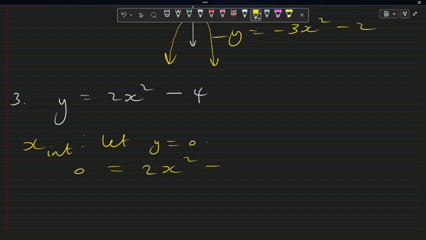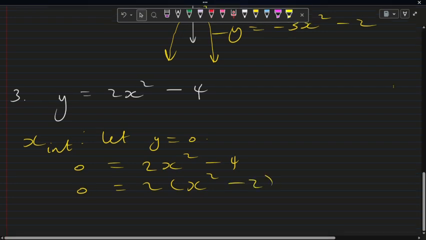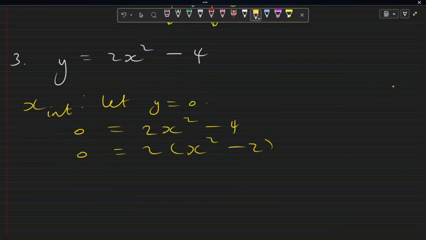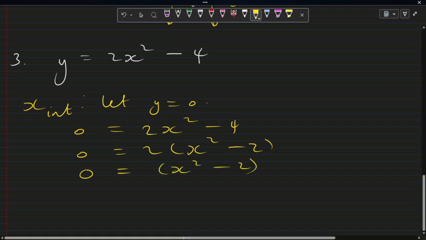You can say 2x squared minus 4 is equal to 0, and then we can factorize the left-hand side to take out 2. We will be left with x squared minus 2. And then dividing by 2 on both sides, we will have 0 is equal to x squared minus 2.